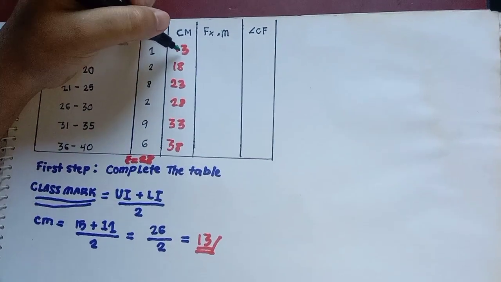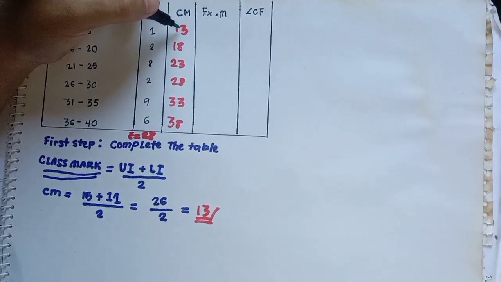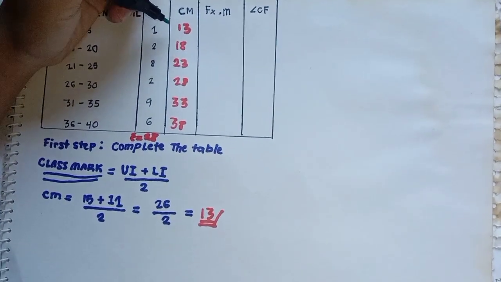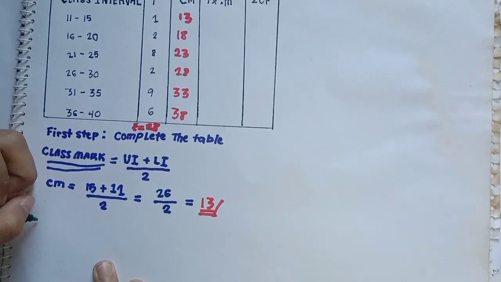We can solve this by simply multiplying our first interval frequency by the class mark.